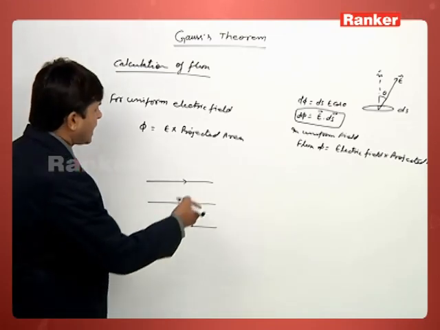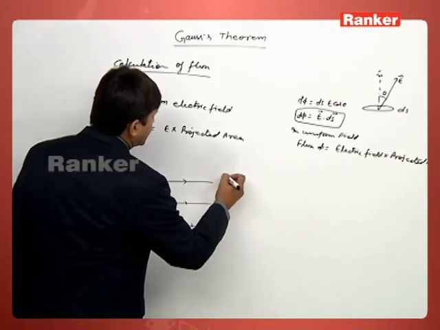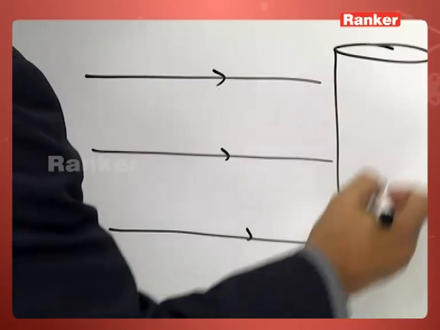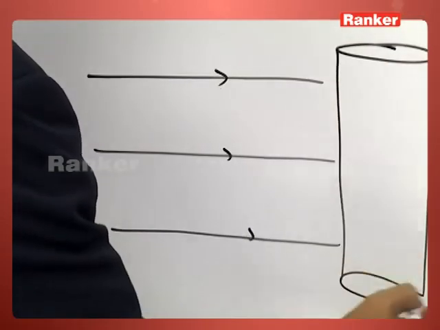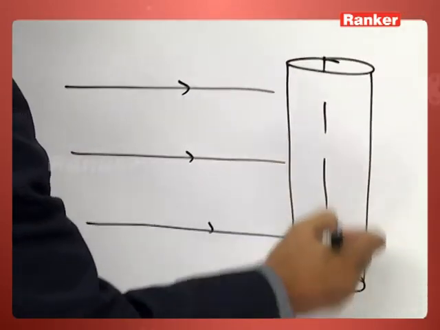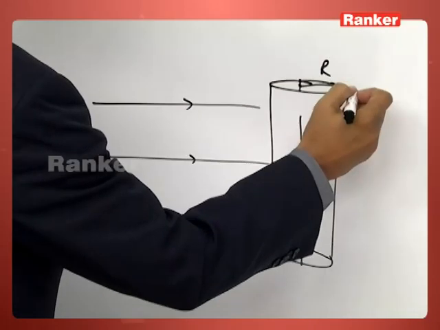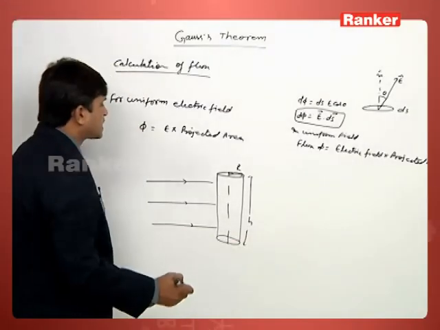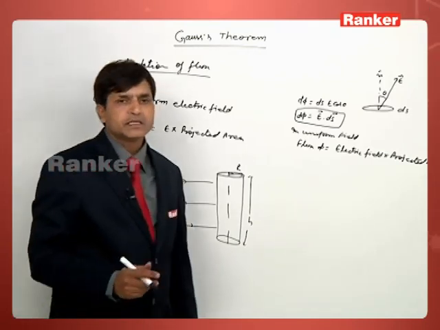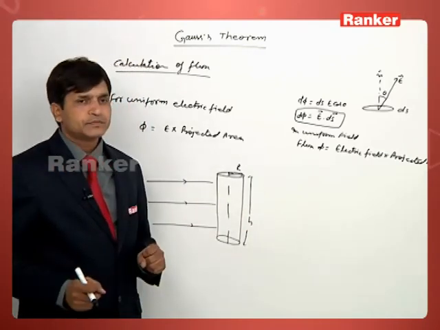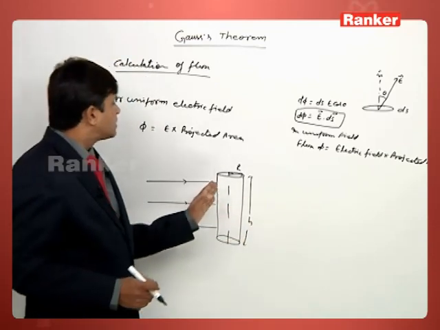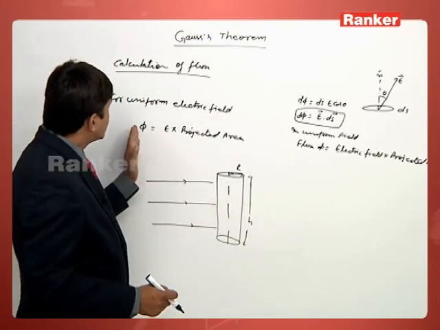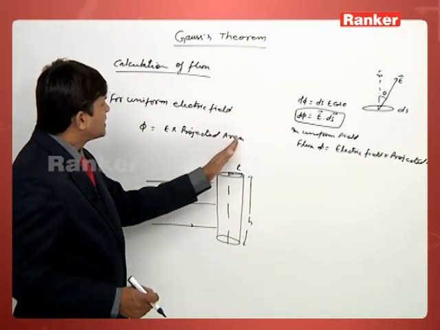So I kept a cylinder here, a cylinder of radius r and height h. And now the question is, what is the flux through the cylinder? First of all, the meaning of projected area.